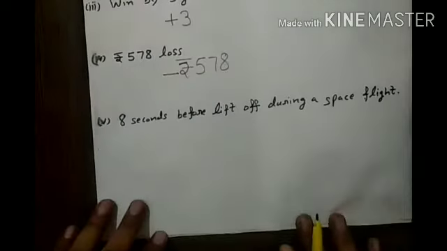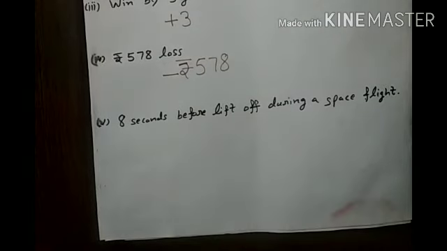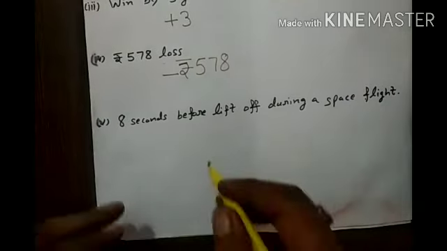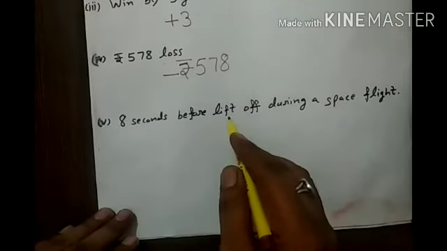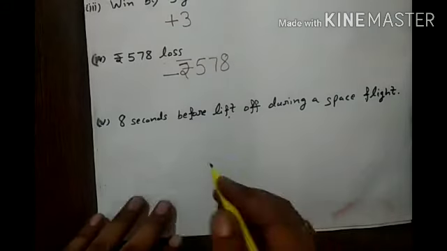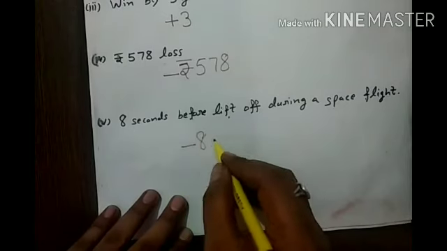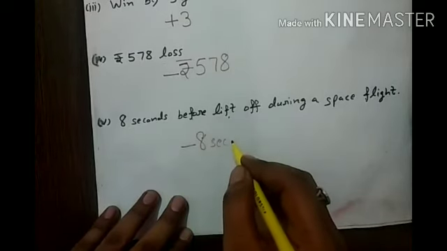Now the last part is 8 seconds before liftoff during a space flight. So before liftoff, that is the minus integer, negative integer. Therefore I will write it minus 8 seconds.